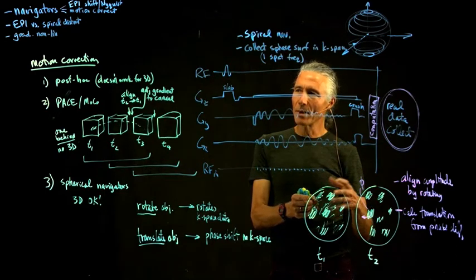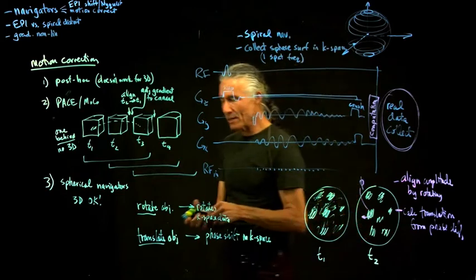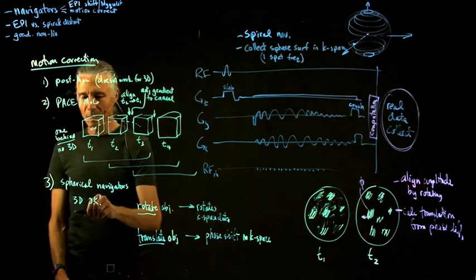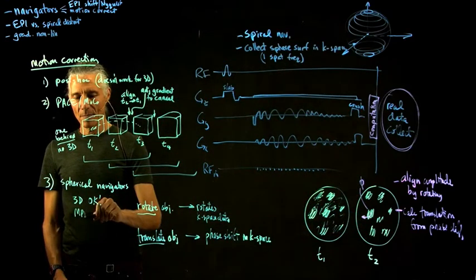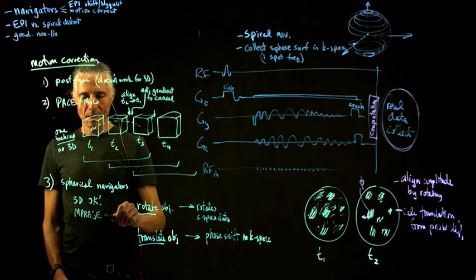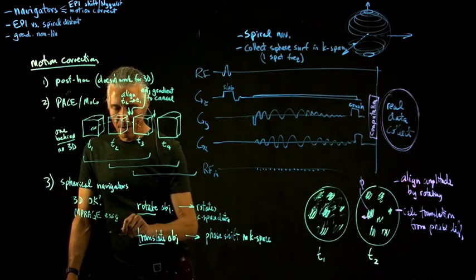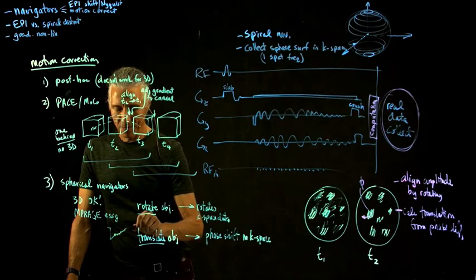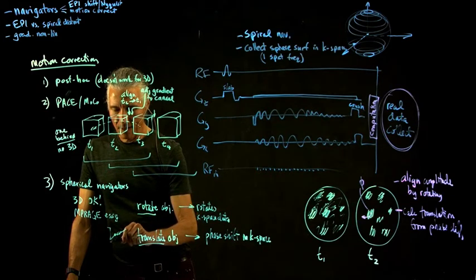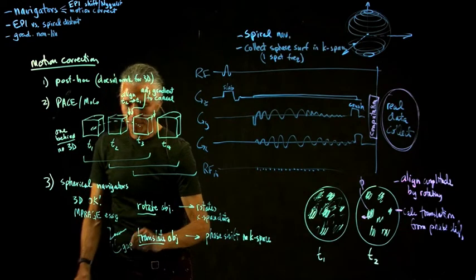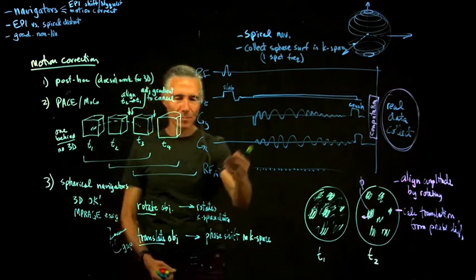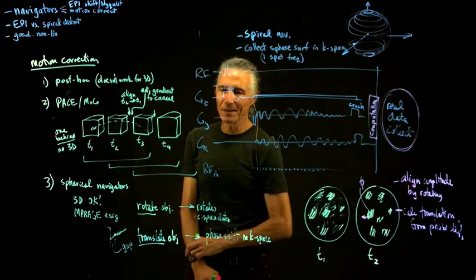It's particularly good for something like an MP rage, because with an MP rage, there's a natural gap. Because you do an inversion, and then you wait a while, then you start collecting data. So there's this gap where you're waiting for the recovery.